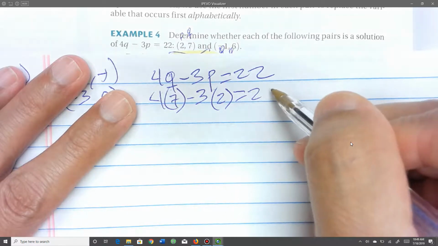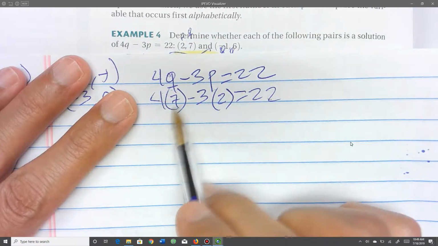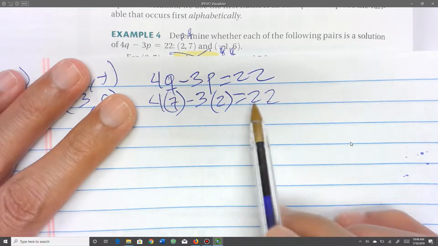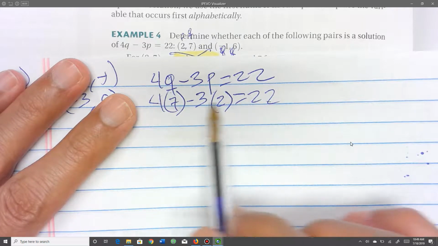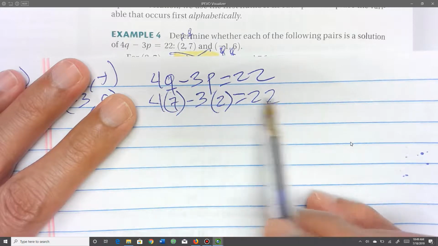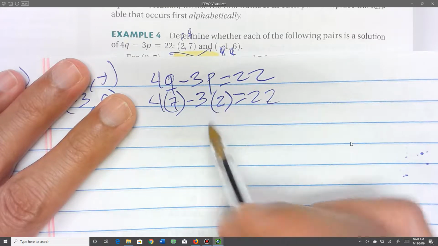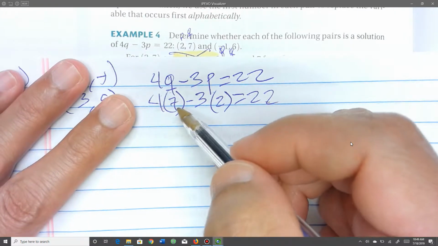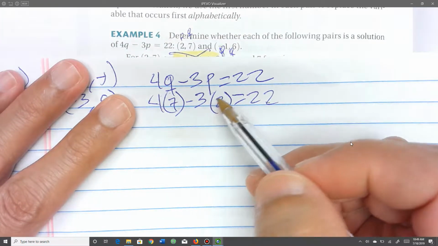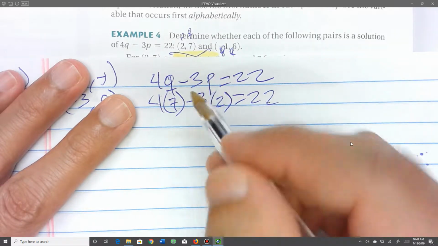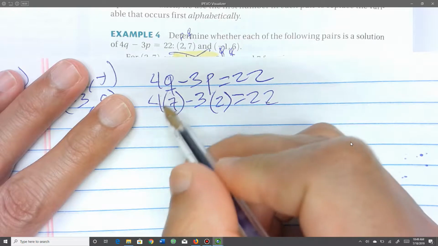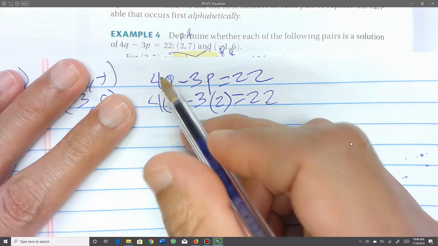Rewrite everything else. And now you have an equation that looks like this with constants, no variables at all. Okay, and let's see if this is a solution of this equation, because 7 times 4, because this means multiplication, right?